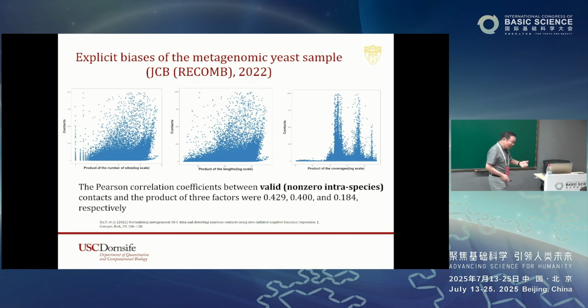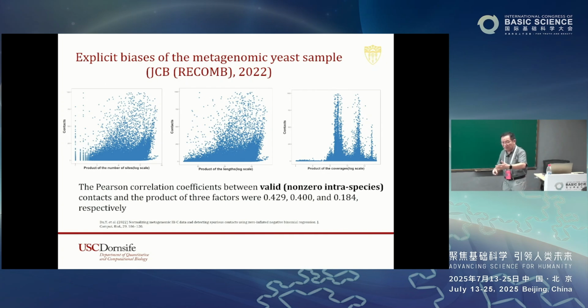Okay, so the first step we need to do is normalize the data so that the number of high-C links will not be associated with these factors. In this case, we borrow the idea of normalization from other types of studies like gene expression analysis.